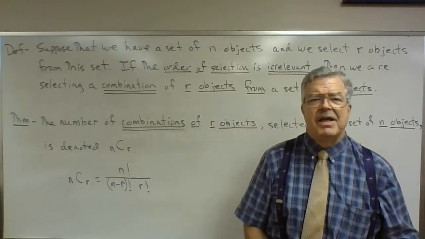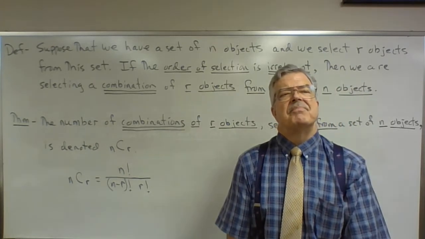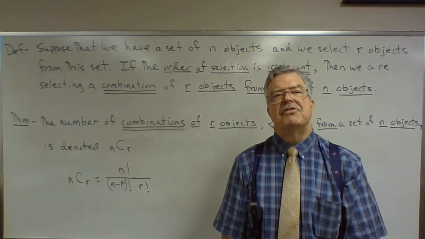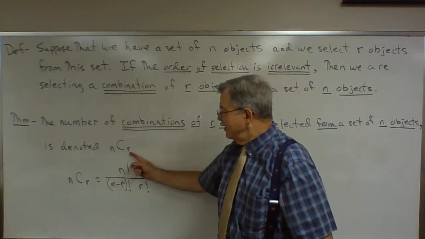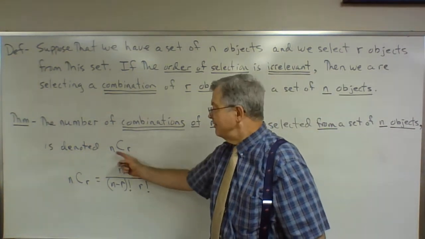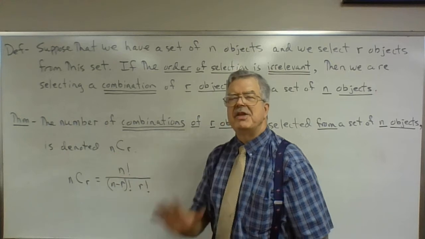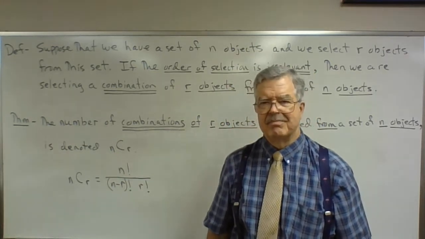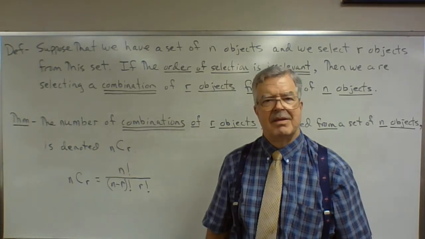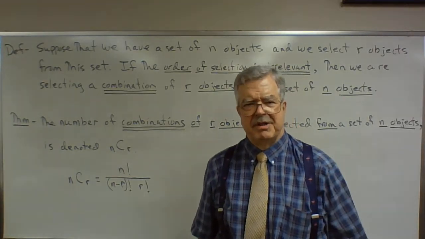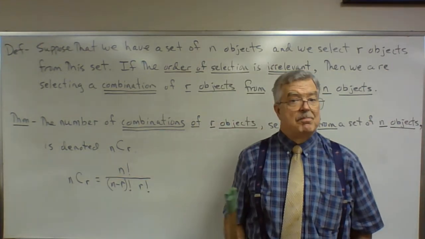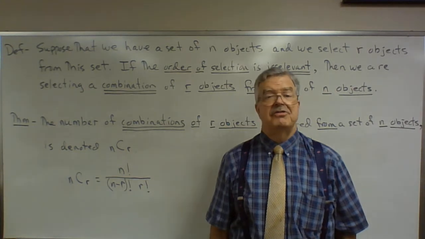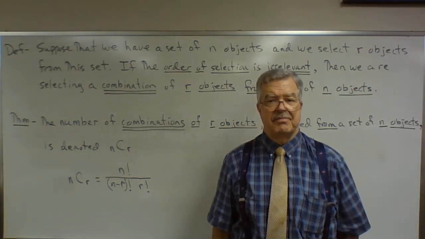Now, how about it? Can we think of any event where we're selecting a set of R objects from a set of N objects and the order of selection doesn't matter? What about jury duty? We have a pool of jurors, and from that pool we're going to select 12 jurors.